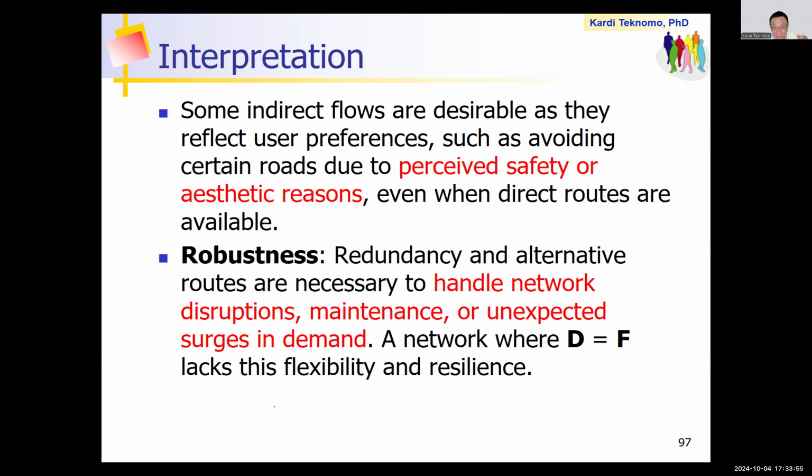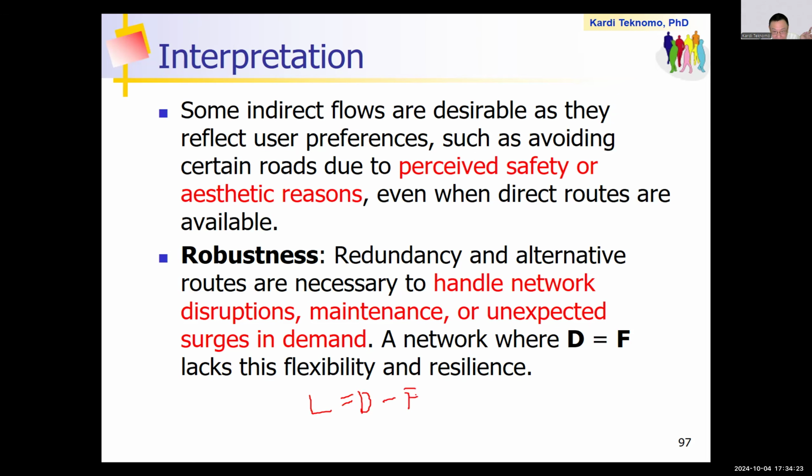So for example, if there is a network disruption, certain maintenance or an unexpected surge in demand, then this indirect link flow will play a very important role. Remember, L is equal to D minus F, right?